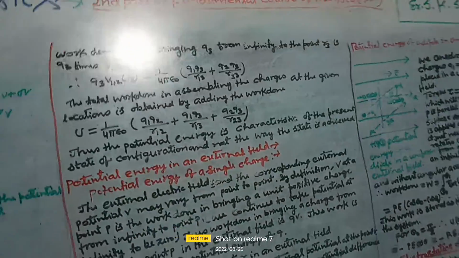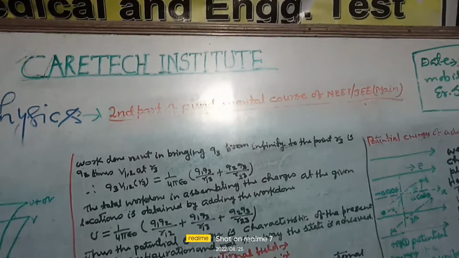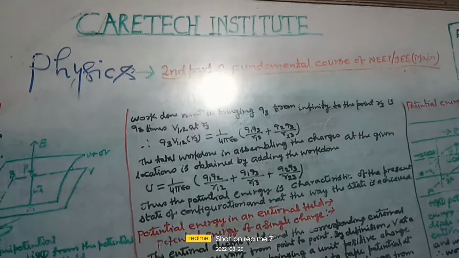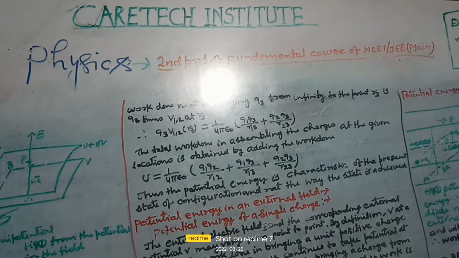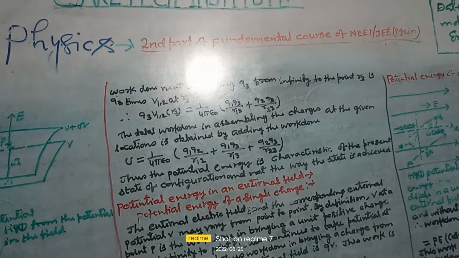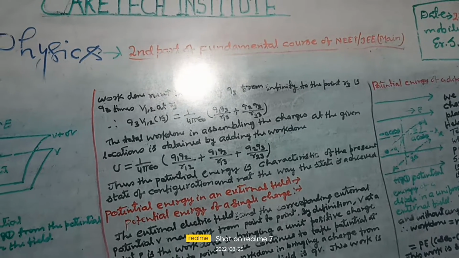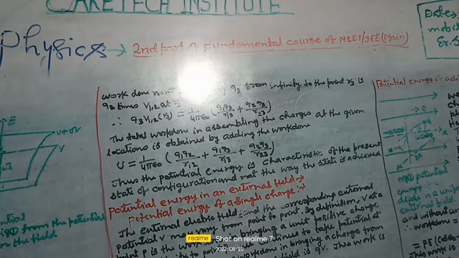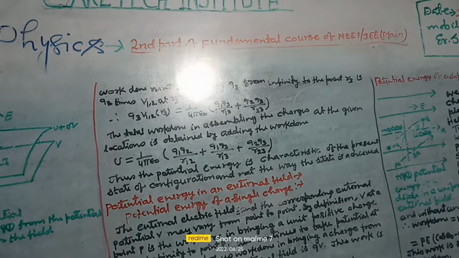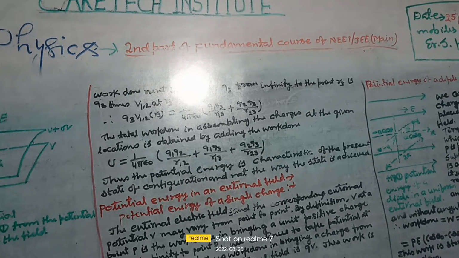Now the work done next in bringing Q3 from infinity to the point R3 is Q3 times V12 at R3. Therefore Q3 V12 equals 1 over 4 pi epsilon naught, Q1 Q3 over R13 plus Q2 Q3 over R23.